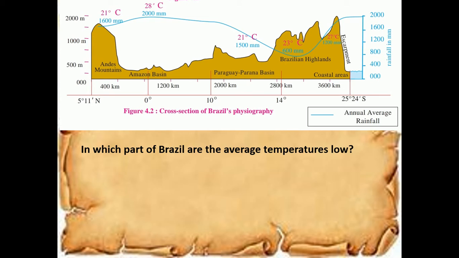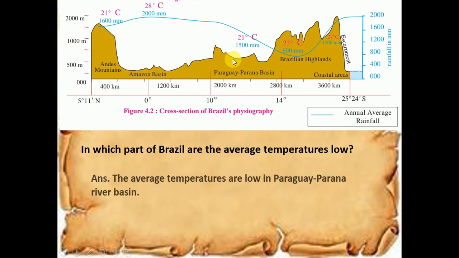Now if you look over here, down, see, when you see up, it's 21 degrees Celsius. So the temperature in the Paraguay-Paraná basin is low. So we say the average temperatures are low in the Paraguay-Paraná river basin.